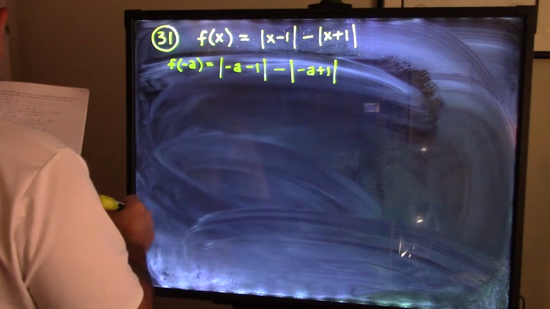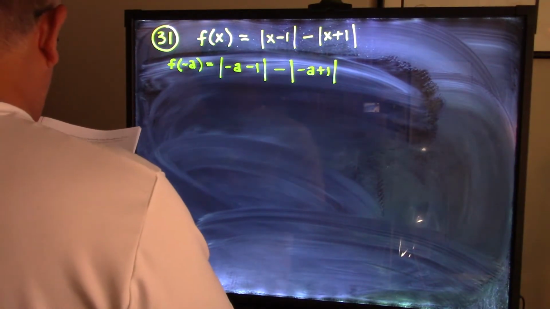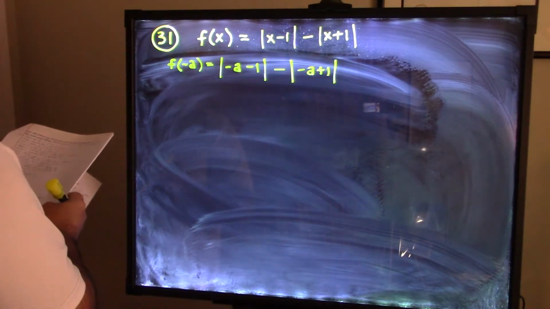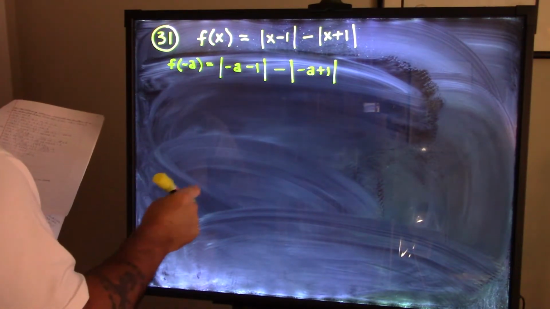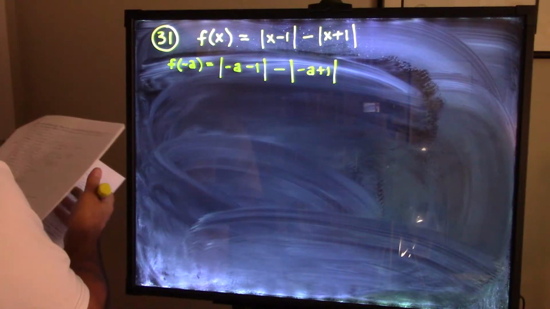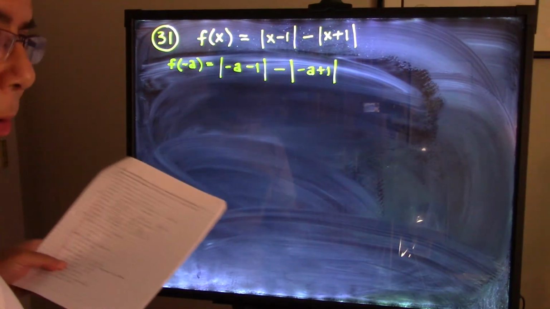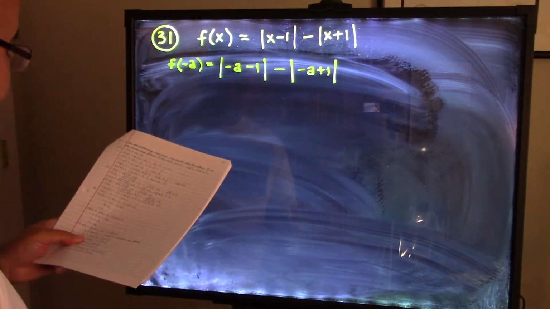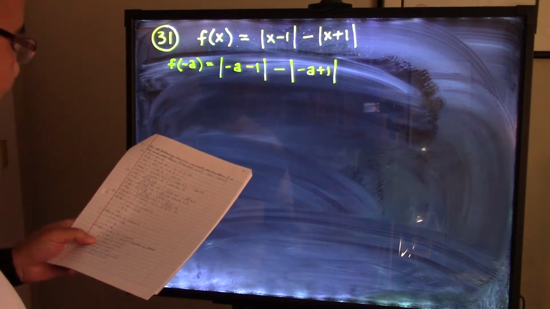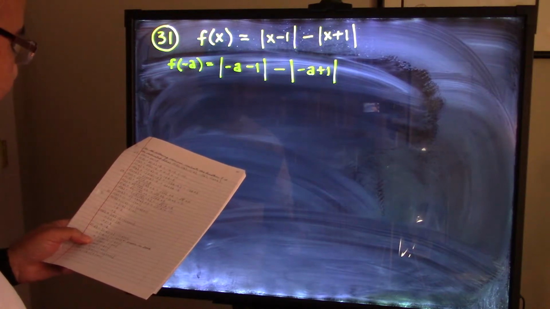Now, the answer in your book is this, but there is a little more you could do with this. Just for instructional purposes, maybe you might learn something from this. I'll show you what else you could do with this.